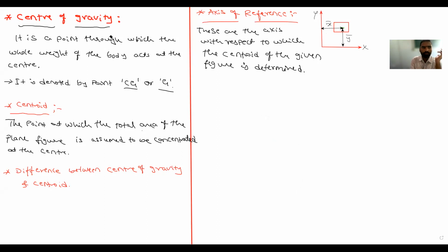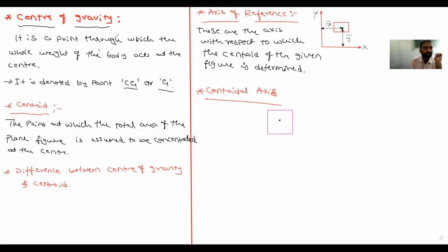So one more definition we have learned in the extra day. That is centroidal axis. What does centroidal axis mean? It is the axis which passes through the centroid of the figure. If I take one figure, this is the center of this figure.